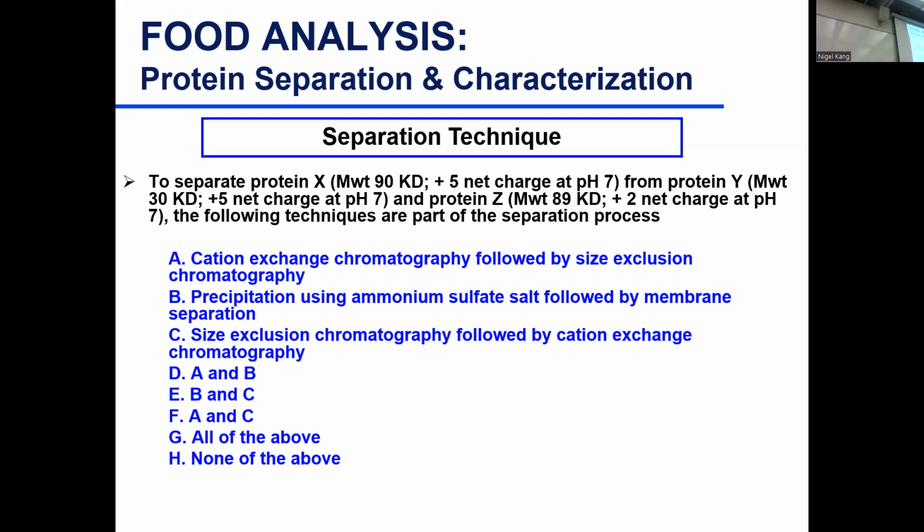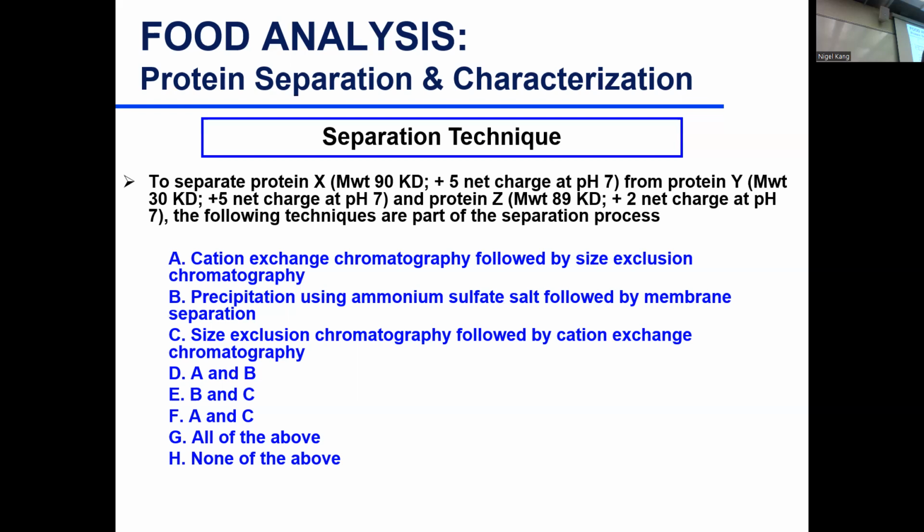So X and Y come out together, but Z, because it has a really different charge, comes out as a separate peak. So now our problem is X and Y, which have the same net charge but different molecular weight. So we can use size exclusion.